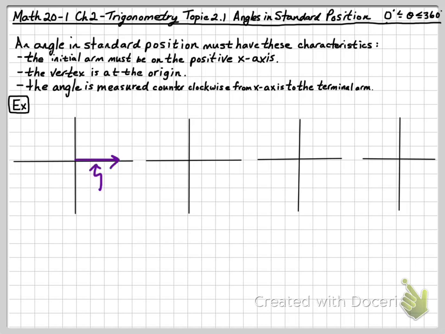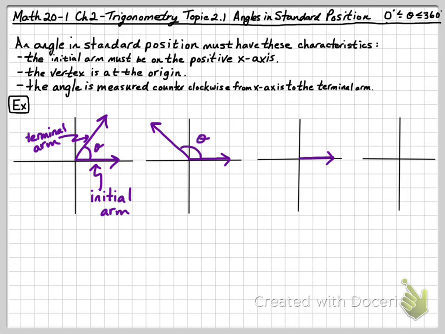In the first one, that is going to be our initial arm. The terminal arm is going to be in the first quadrant, and quite simply the angle is going to be that size between the x-axis and the terminal arm. Now in the second picture we're going to move the terminal arm to be in the second quadrant, and the angle is going to be the obtuse angle between there.